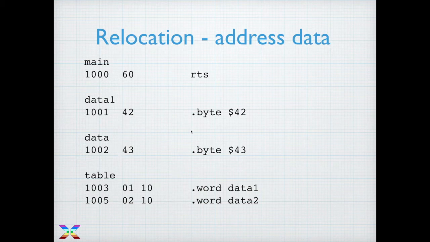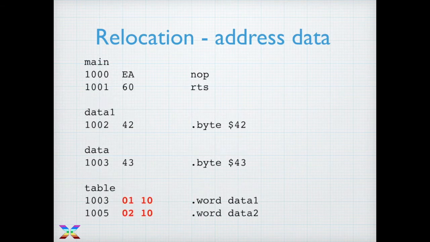If I then add some code to my main program, it pushes everything down. These address values are incorrect. And by now you've probably figured out what needs to happen. The assembly language environment needs to patch these and maintain it.